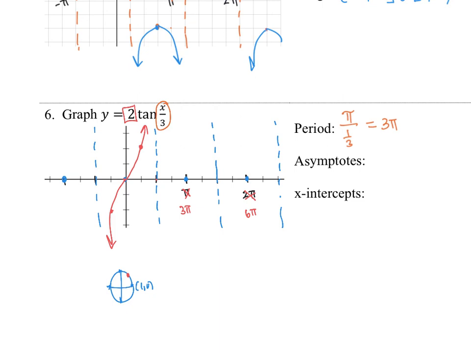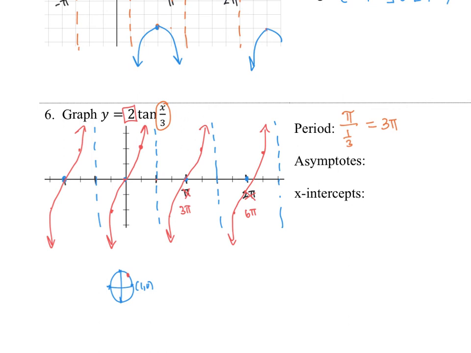So now I know what the graph's going to look like everywhere. Up 2, down 2 on the left, up 2 on the right, down 2 on the left, and so on. This does respect my period. My period goes from 0 to 3 pi. It goes from the intercept to the intercept.